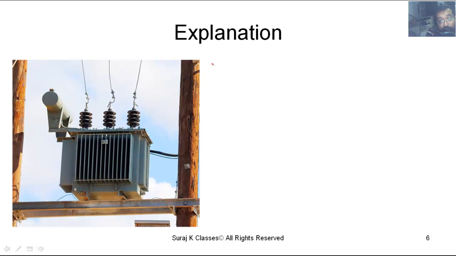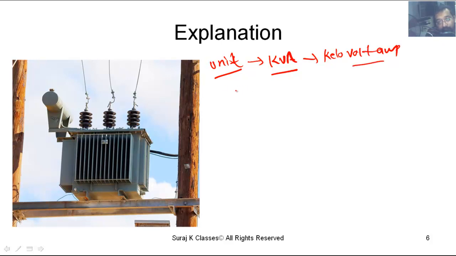Whenever you go outside to purchase electrical appliances, the unit for those appliances is watt, but the transformer unit is not watt, it is kVA, kilovolt ampere. Why it is in kVA will be explained in my next or some other video.